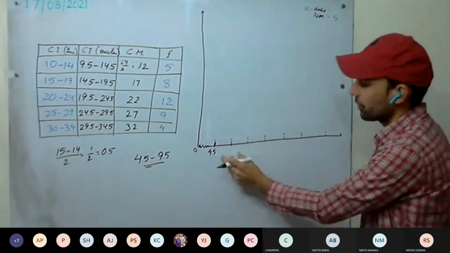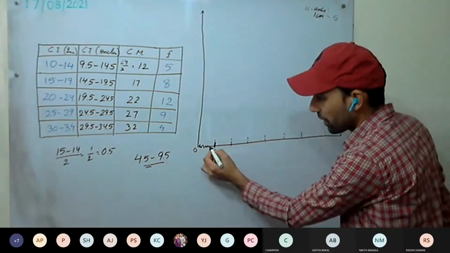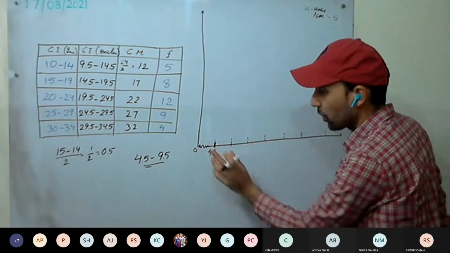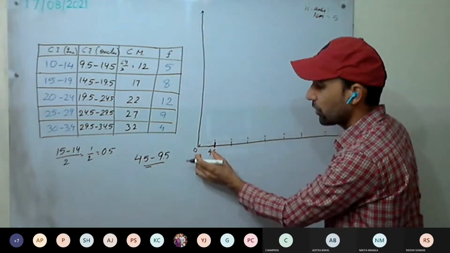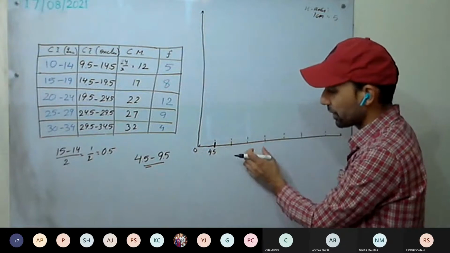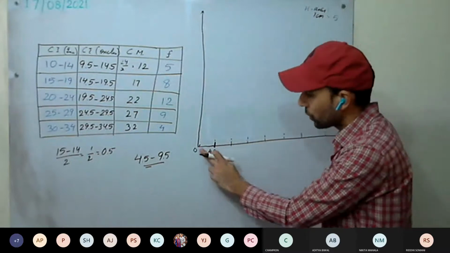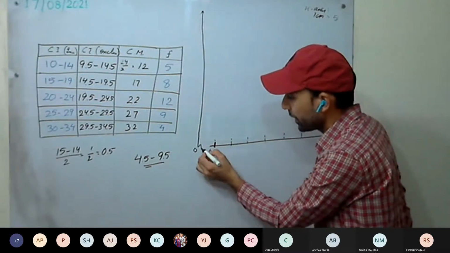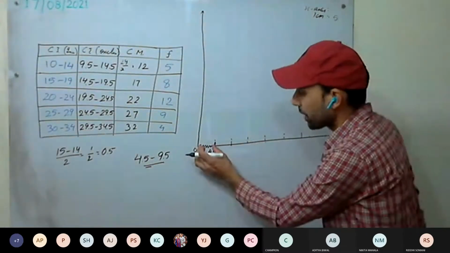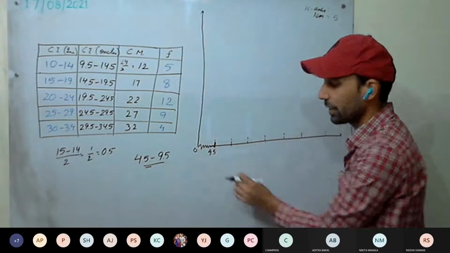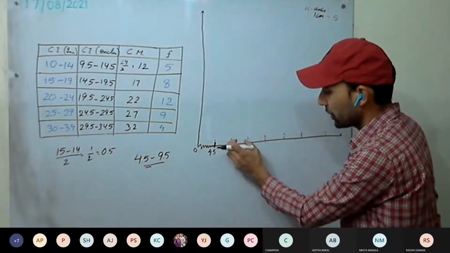Now each centimeter will be equal to 5 units. But this first block is not 5 units, it is only 4.5, and from now onwards we take 5 units. So a discrepancy arises here. To avoid that, we provide a kink, or breaking line, a zigzag. From here, 5 units, 5 units, 5 units.